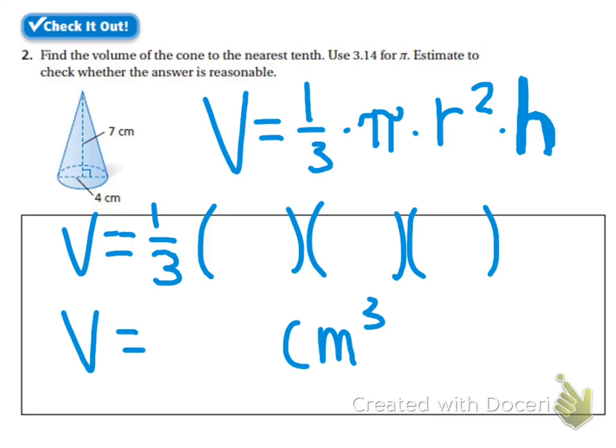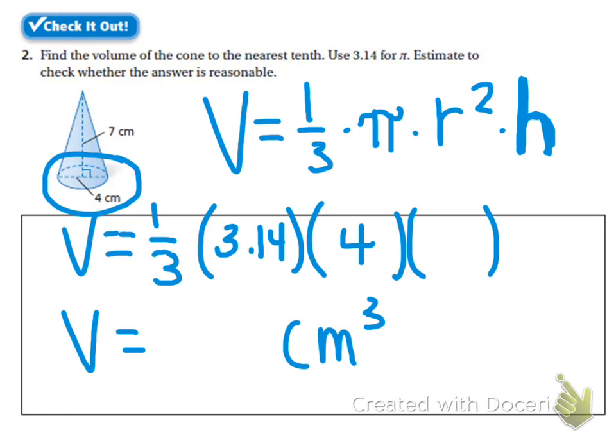This is check it out 2, and the last problem on our notes. We have our volume formula, pi, which is 3.14. If we're looking at this, a lot of you are saying, wow, the radius is 4. That's diameter. What's half of diameter? 2. That is the radius, so 2 times 2 is 4.